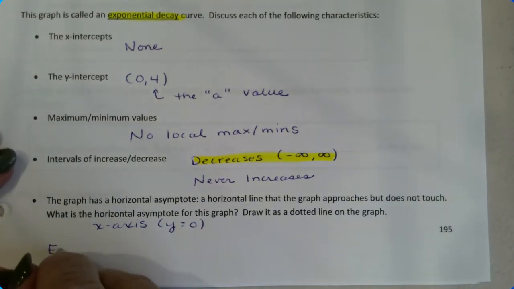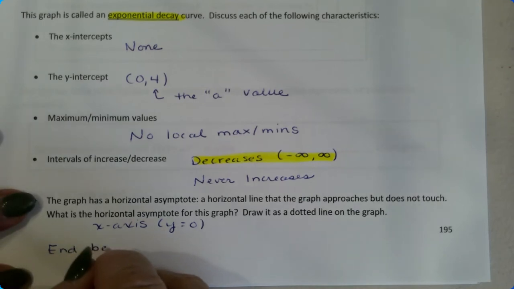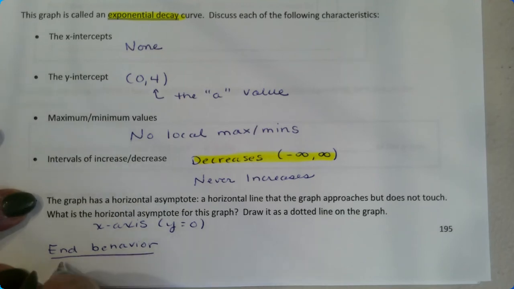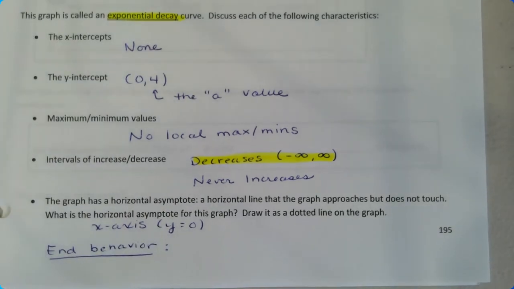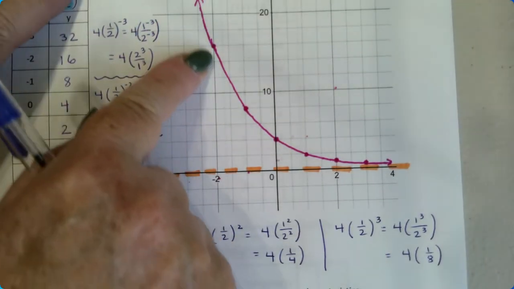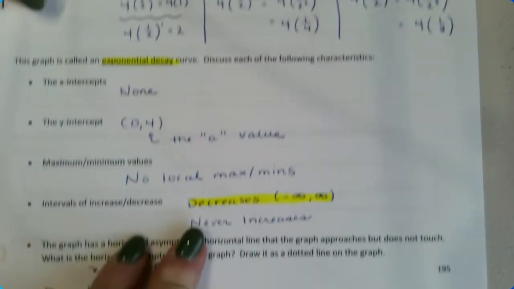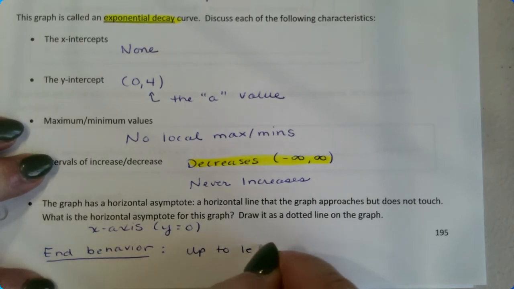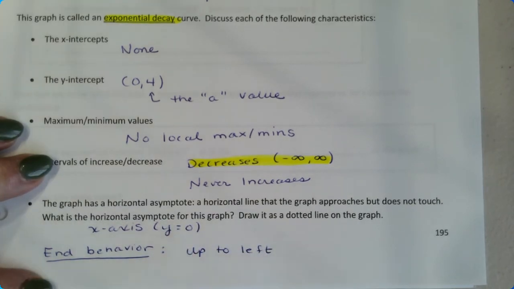And I can use that idea to write down what my end behavior looks like. This graph goes up to the left. And on the right side, it approaches the horizontal asymptote. So it approaches y equals 0 on the right.